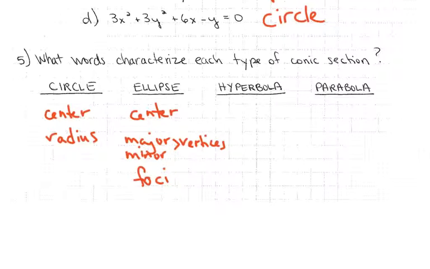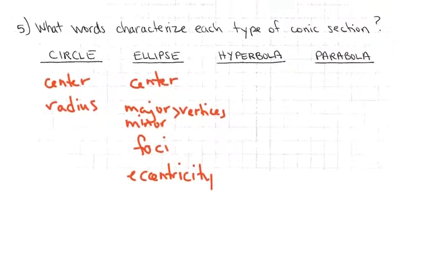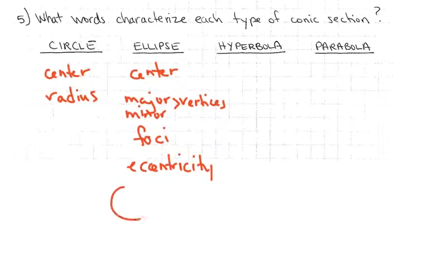There's another word I did not talk about in class that characterizes an ellipse. It's called eccentricity. Only one of the classes asked me about eccentricity. For the regular class. The honors class, we did talk about eccentricity, but it was so long ago you probably don't remember. Eccentricity was how elongated the ellipse was.